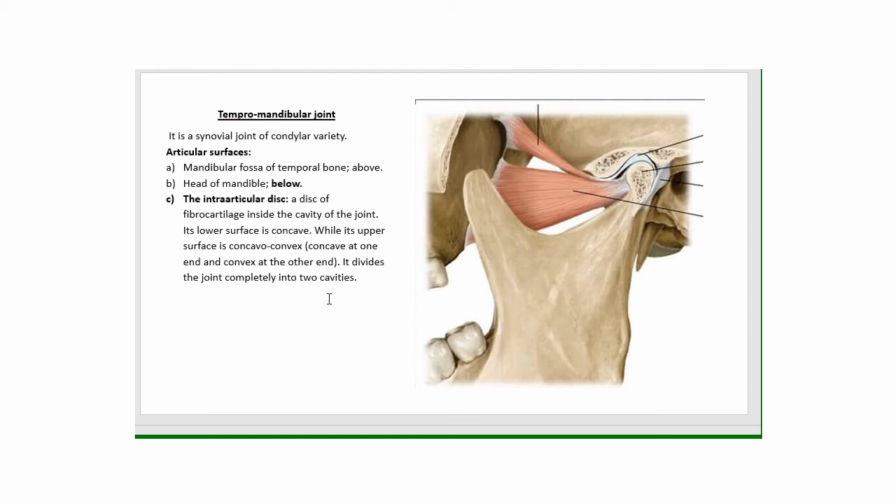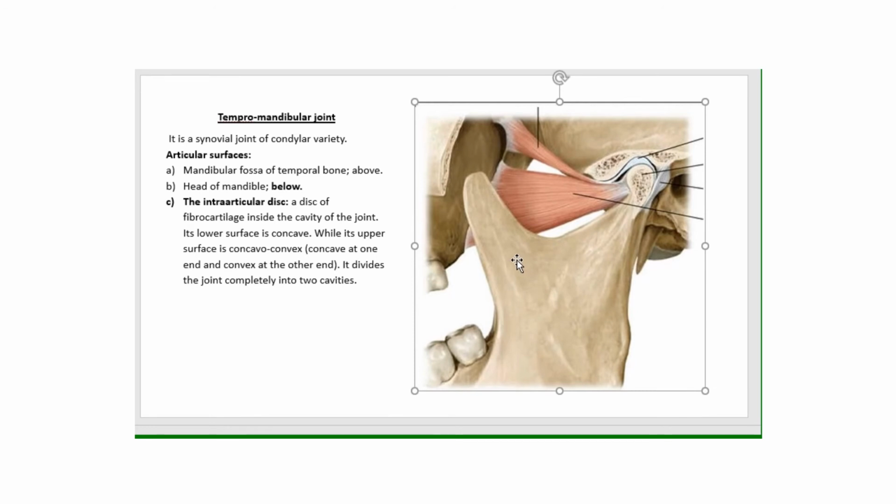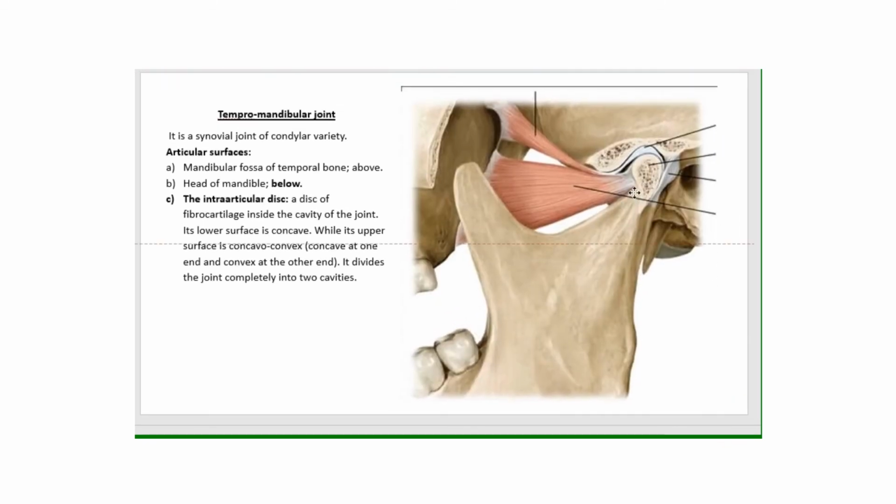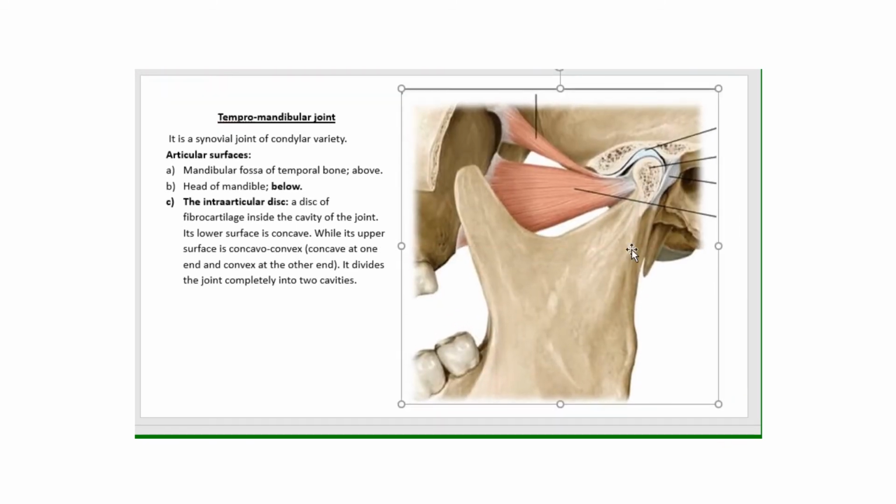This joint is a synovial joint of condylar variety. The articular surface is the head of the mandible, with the mandibular fossa of the temporal bone, the head of the mandible below, with the mandibular fossa of the temporal bone above.